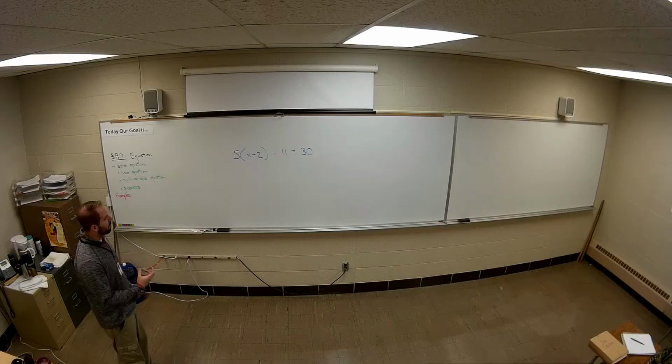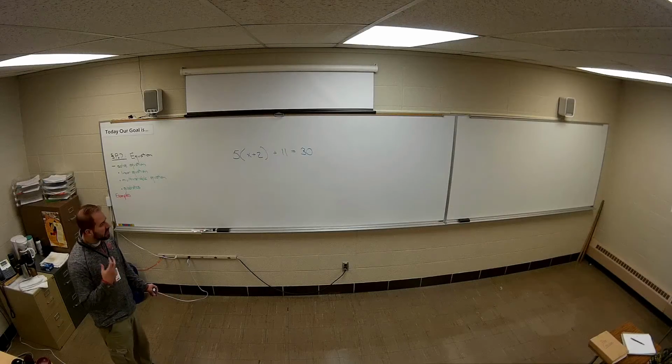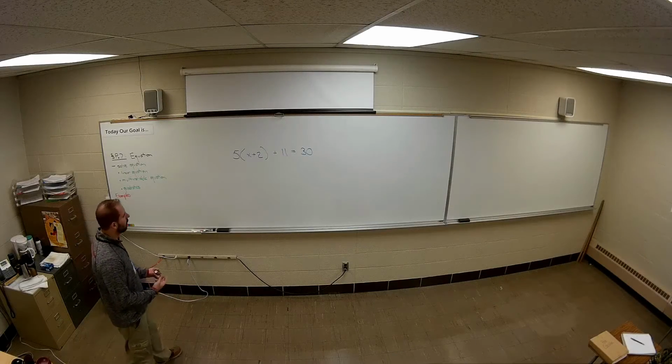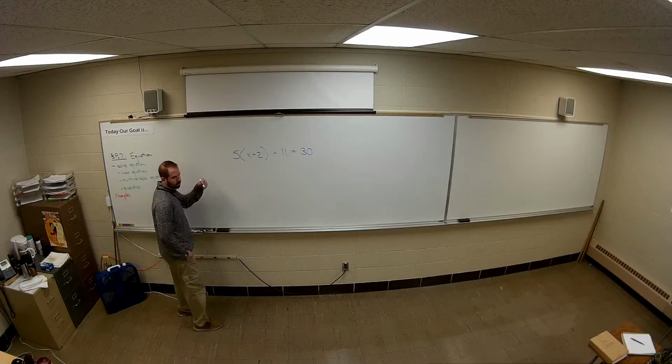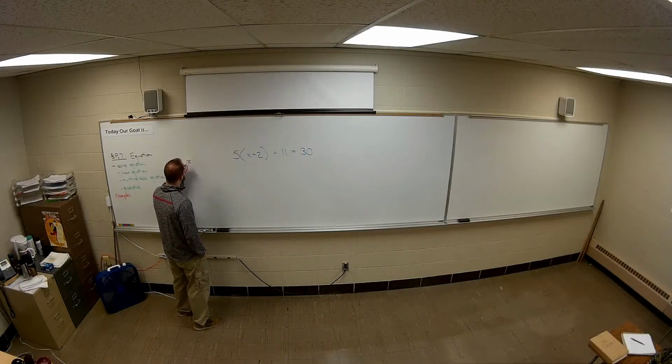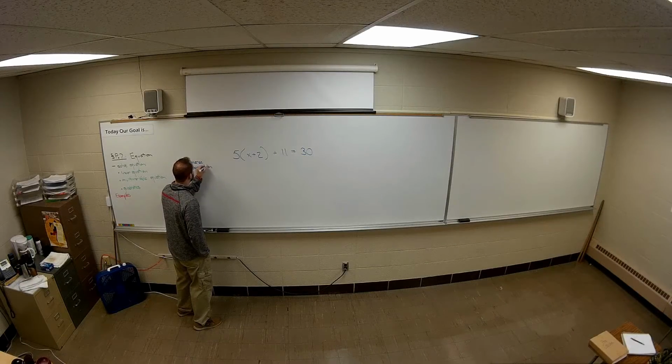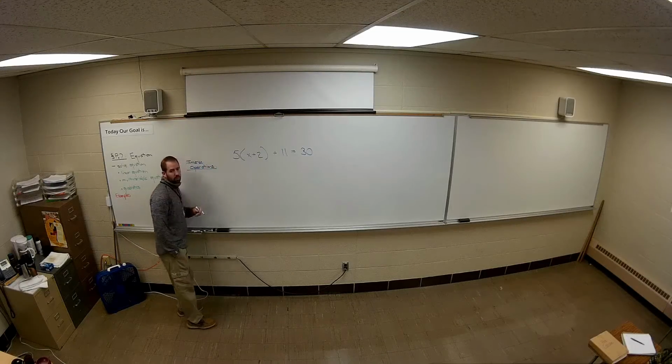But this type of problem is very easy to simplify. The rules are that instead of going through the order of operations, we do what we call inverse operations. That's just how we do it.